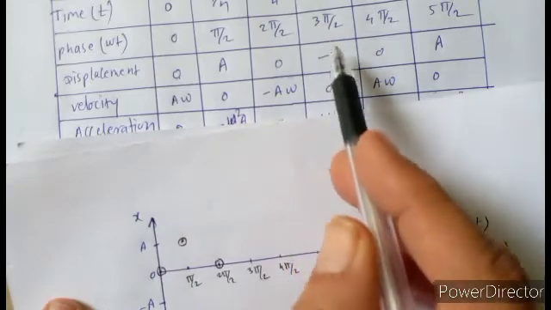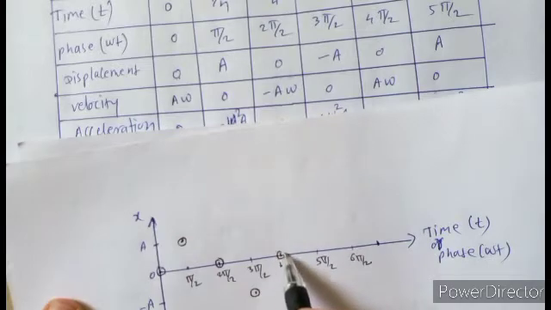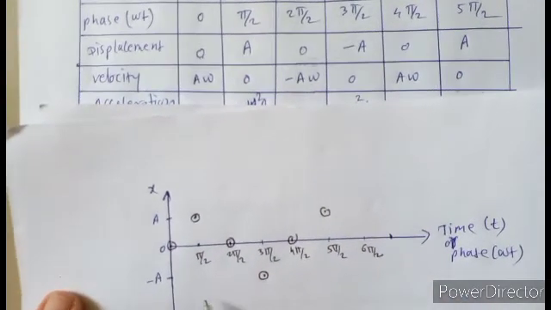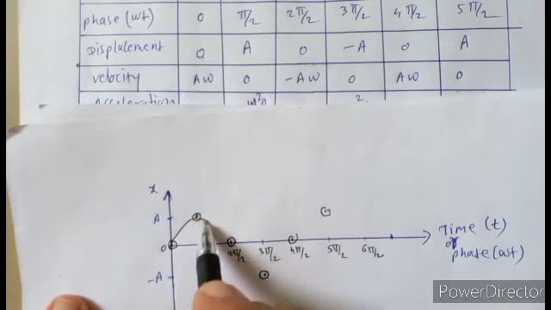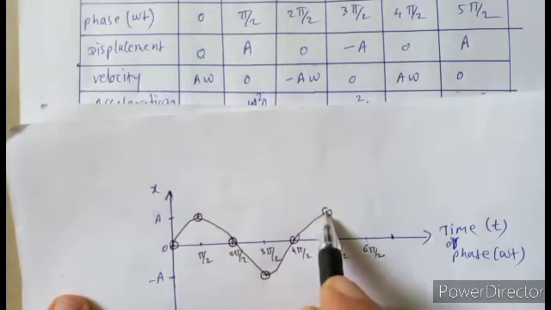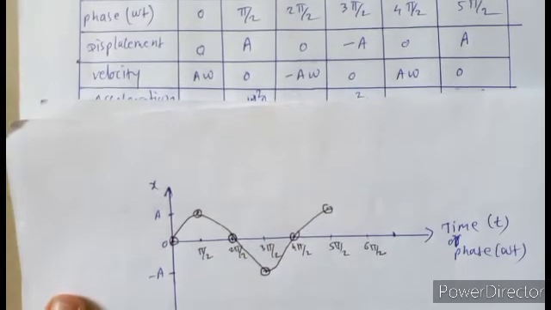For 3 pi by 2, displacement is minus A. Likewise, we plot all the points and join them freehand, and it gives you the displacement curve when the particle starts from the mean position.